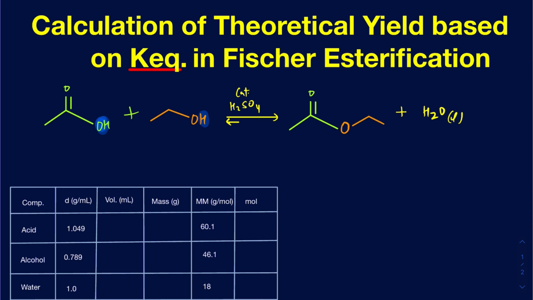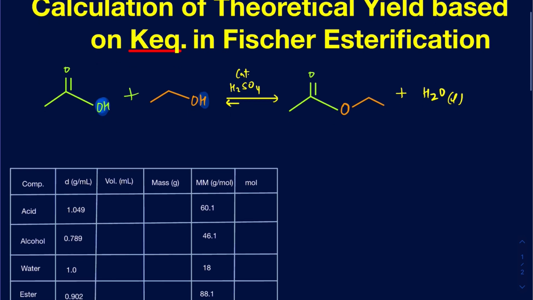And this does not really go to completion as it sets up an equilibrium. That's why it's important to use the equilibrium constant to figure out how much theoretically you're supposed to make here. And typically, you will be given a data set where you're going to have the densities, the molar masses, or whatnot. Most likely densities, because molar masses, you can certainly calculate those out.